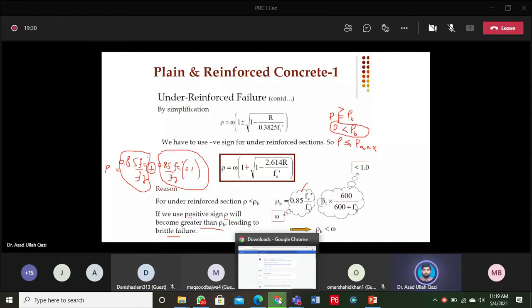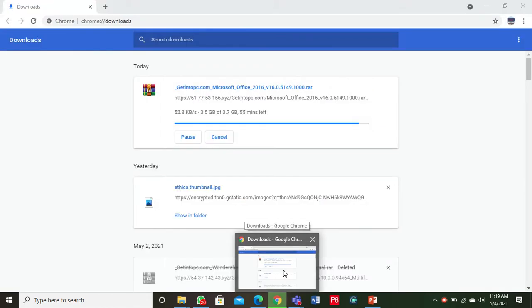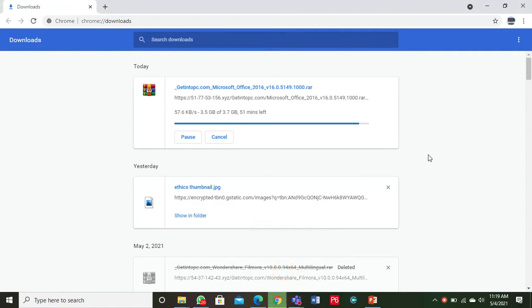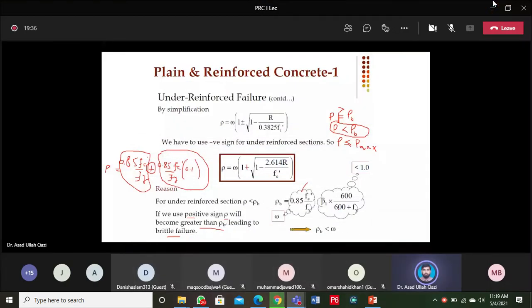You can even put some numbers, actual fc prime and fy, assume some values, and then apply this equation with the positive root. You will come to know how it will affect your magnitude. So definitely the answer you will get from the equation within this box, and from rho balanced with the positive root, will be that your rho comes out greater than rho B.